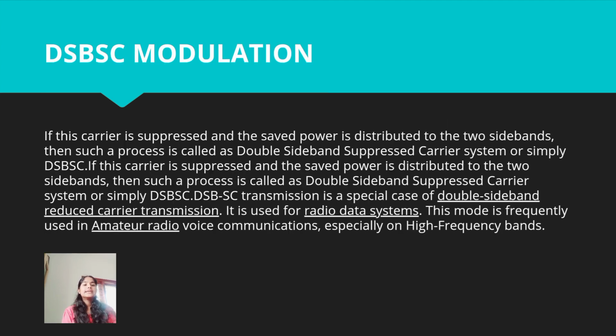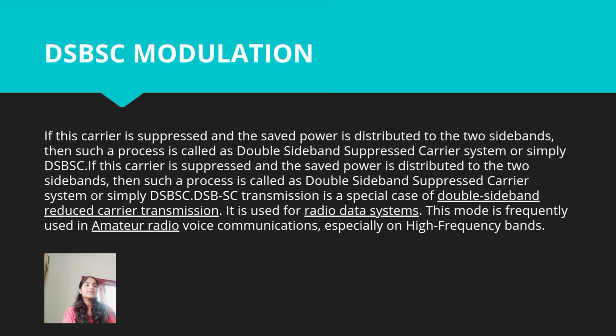Next, DSBSC modulation. If the carrier is suppressed and the saved power is distributed to the two sidebands, then such a process is called a double-sideband suppressed carrier system, or simply DSBSC.